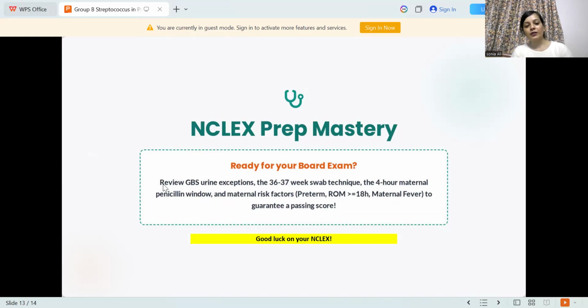So during labor we need to start the penicillin. And maternal risk factors are preterm and premature rupture of membranes equal to or greater than 18 hours, or if the mother has a fever. Definitely we need to give the penicillin to save the infant from GBS. Thank you, everyone.